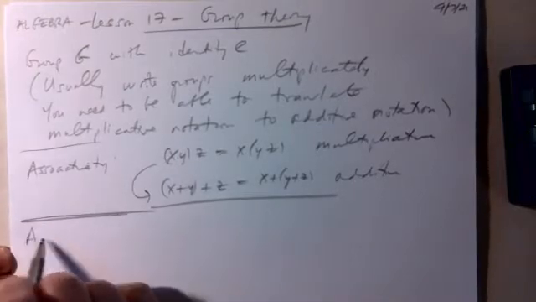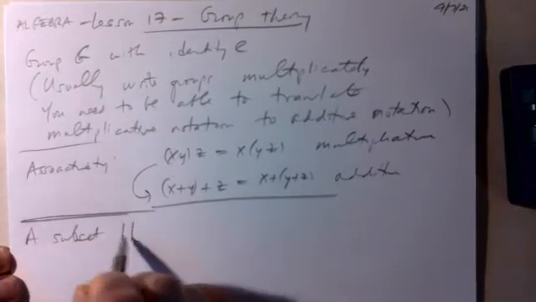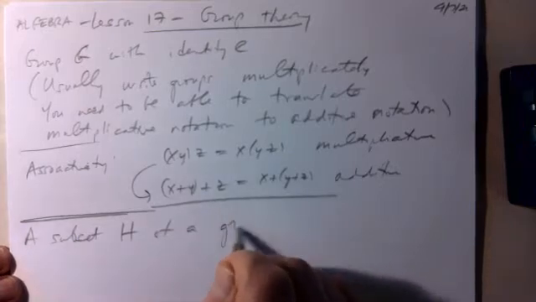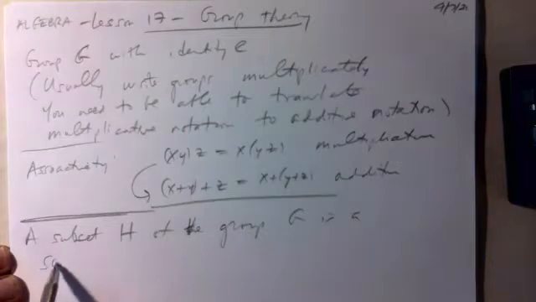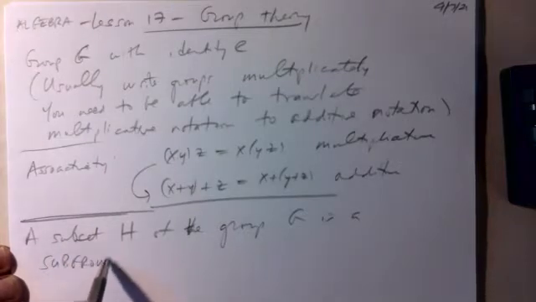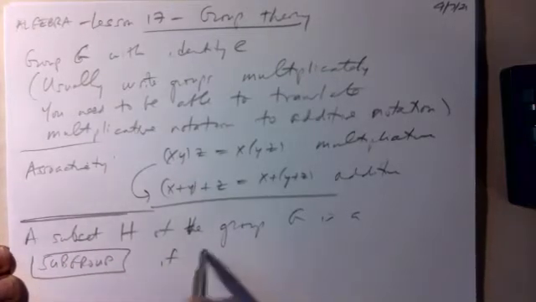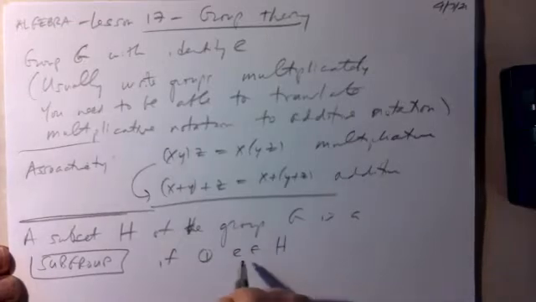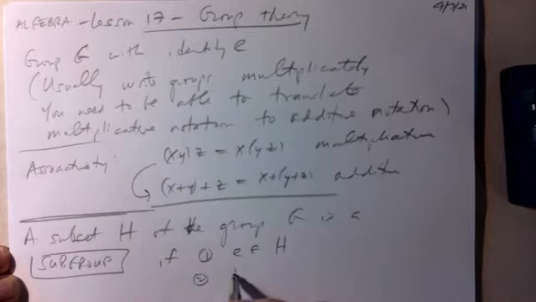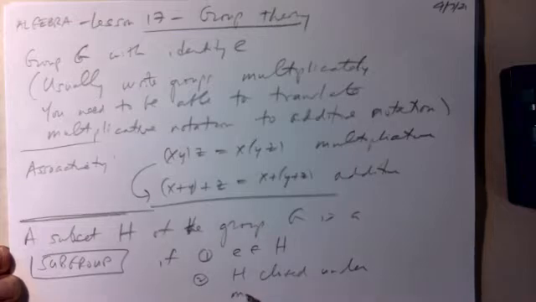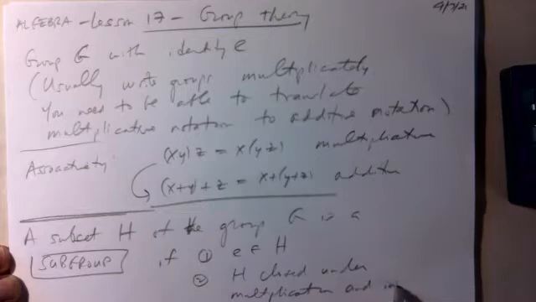So we say a subset H of the group G is a subgroup if, first of all, the identity element, E, of the group is contained in H, and H is closed under multiplication and inverses.